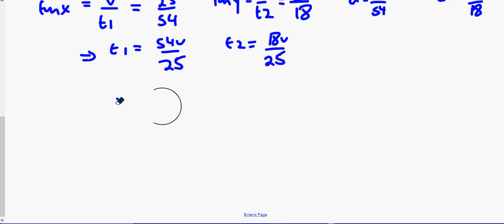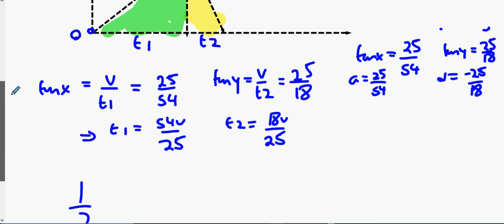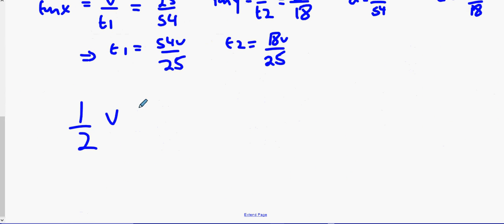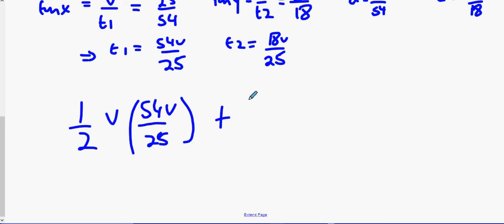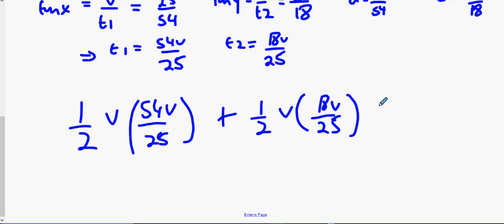So it's going to be half your base times V, so half V T1, and we know T1 is 54V over 25. And half V T2, where T2 is 18V over 25, and that all equals 3,600.